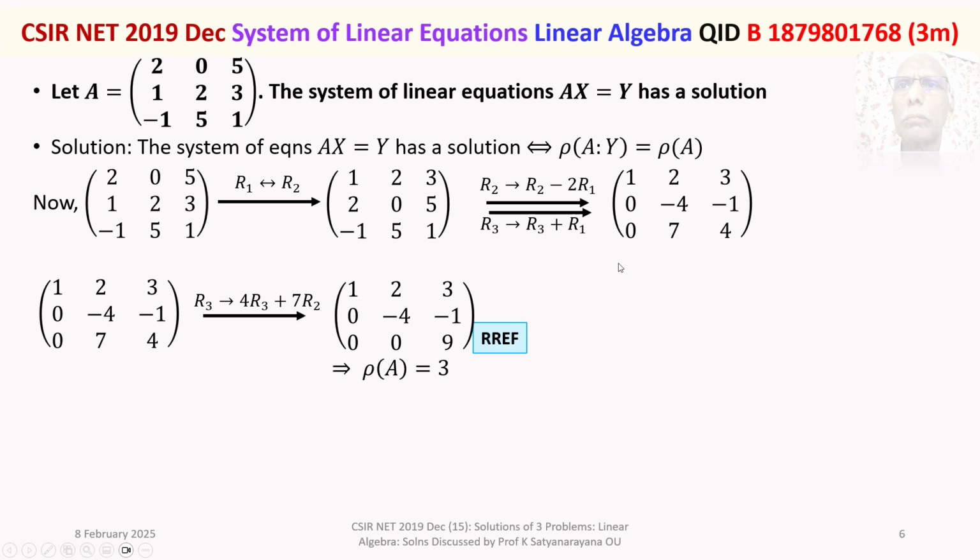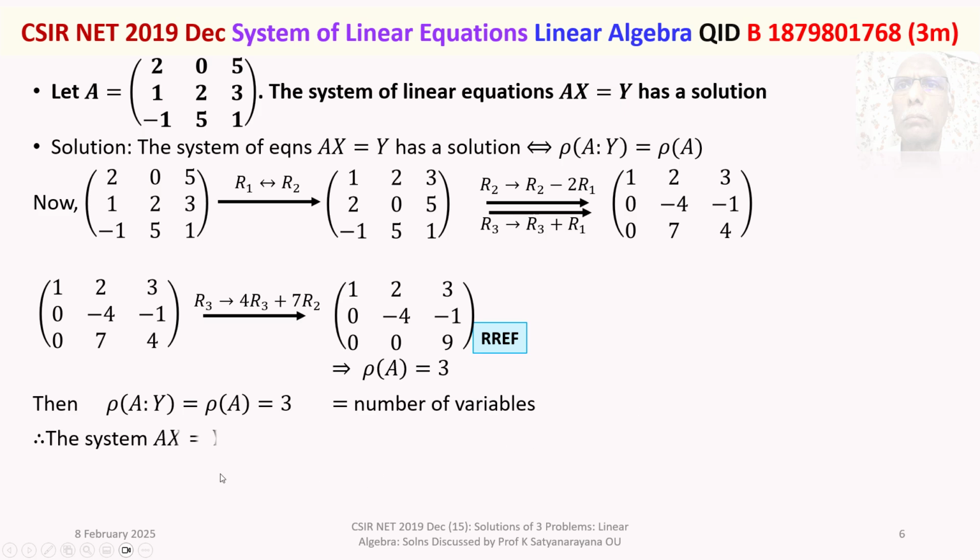When the rank of A is 3, the rank of the augmented matrix A with y is also 3. Therefore, they are equal. Then the rank of the augmented matrix is equal to the rank of the coefficient matrix, which is equal to 3. What is 3? 3 is the number of variables. So recall now, the system Ax = y has a unique solution.